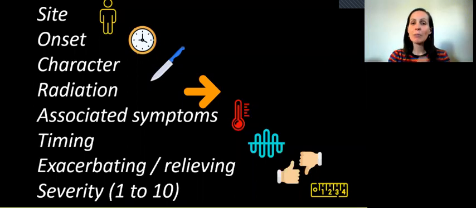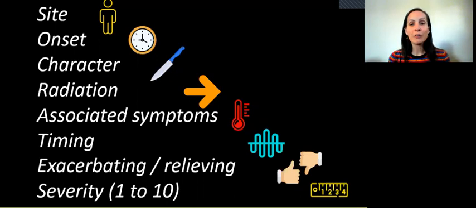And please remember, Socrates is only helpful for pain. If a patient has other symptoms, then you will need to learn other questions to ask about those systems. And as you go through your different specific symptoms like cardiovascular, respiratory, gastrointestinal, you will learn other questions to ask.